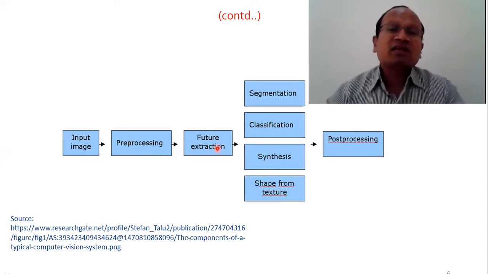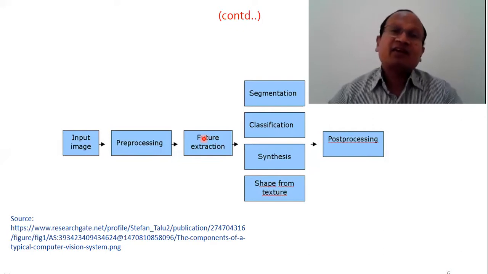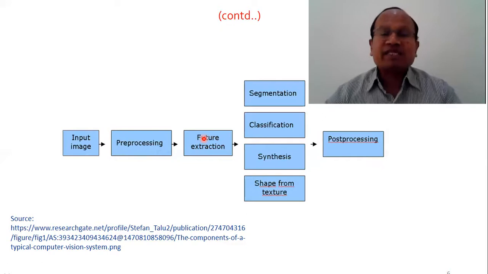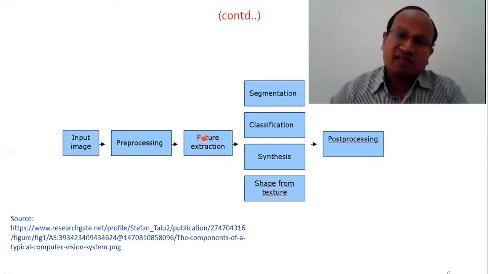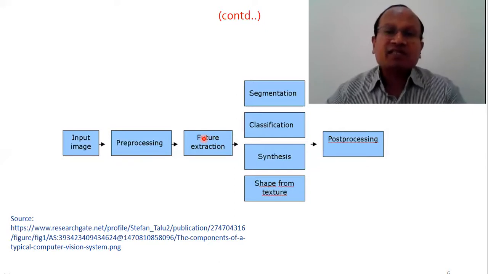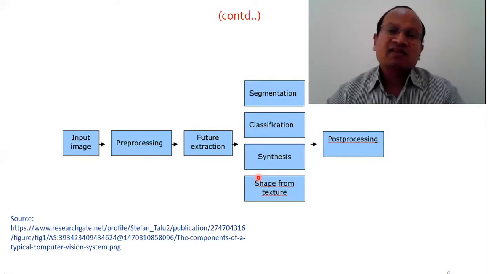Then comes, it's not future, it's feature extraction. We know that computer vision only understands features, but feature extraction can be appropriate and efficient only when the quality of the captured data, the quality of the image, is good. So after pre-processing, feature extraction takes place. The features are subjected to segmentation, classification, synthesis, shape.